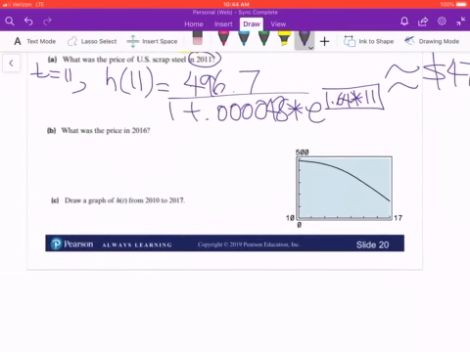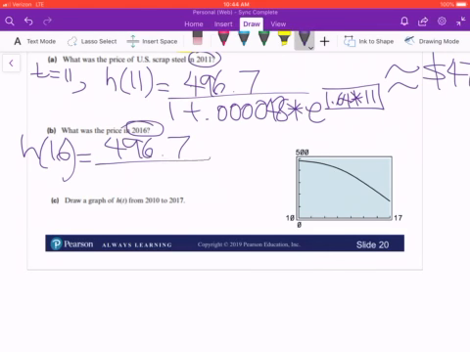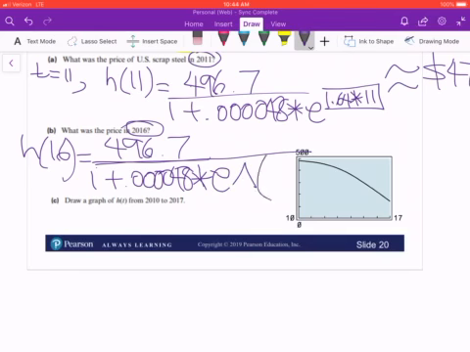Now, what was the price for the year 2016? So we're finding h of 16. And so that would be 496.7 over 1 plus 0.0000. For these problems, it's very important that you do enter the numbers exactly like they are. And in this case, I'm going to put the exponent 0.64 times 16.